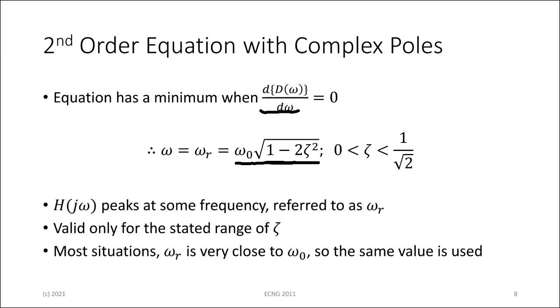So we get a value for omega, and I'm going to call this omega subscript r, equal to omega 0 times a little factor inside of here, the square root of 1 minus 2 zeta squared. Now, omega is a frequency, so omega r must be a real number.